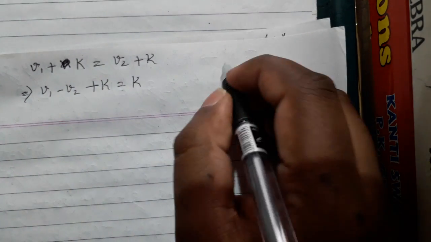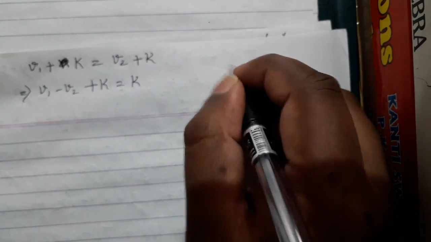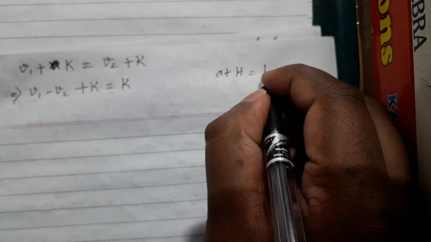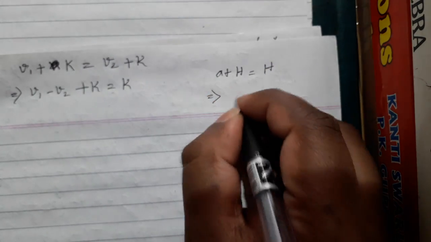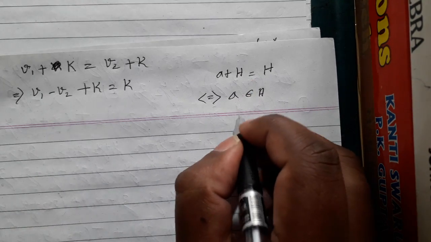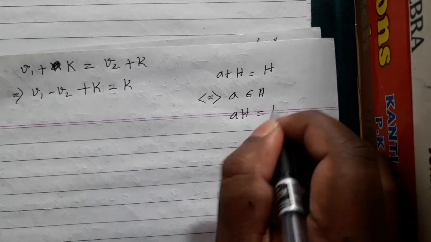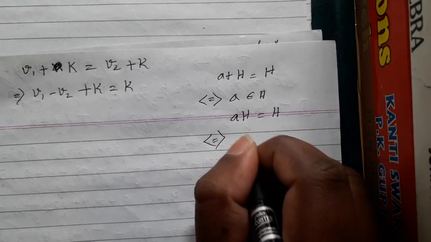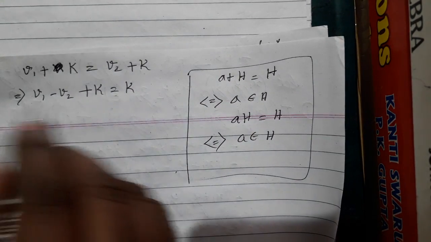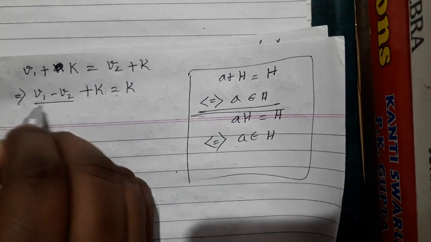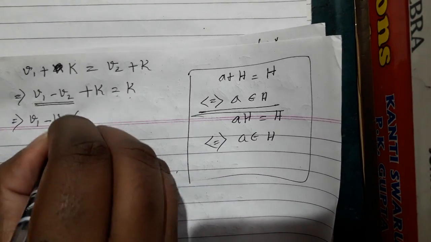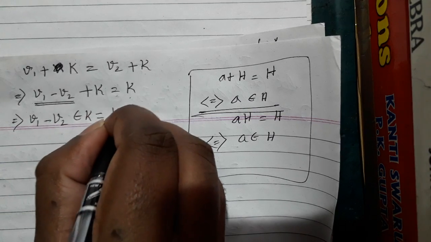You have done in your group theory that a plus H is equal to H if and only if a belongs to H. Or in multiplication, you have learned in group theory that aH is equal to H if and only if a belongs to H. I'm using that property here. So I can say that v1 minus v2 belongs to K, and this K is nothing but kernel of f.